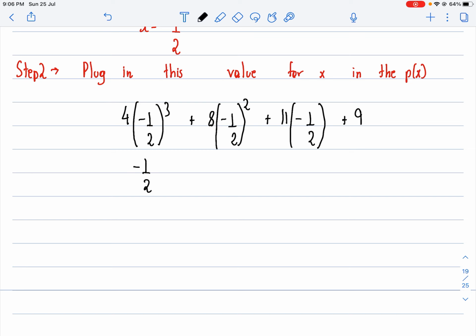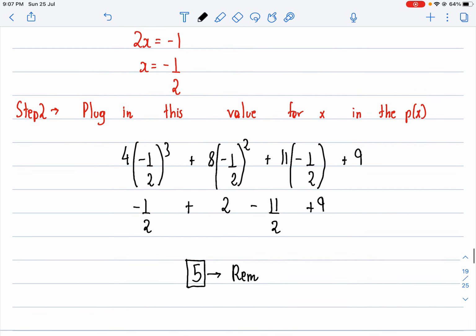Then 8 into minus half the whole square is basically 2, so you get plus 2. Then 11 into minus half gives minus 11 over 2, plus 9. When you solve this, you get your answer as 5, and that 5 is the remainder. So this is your answer.